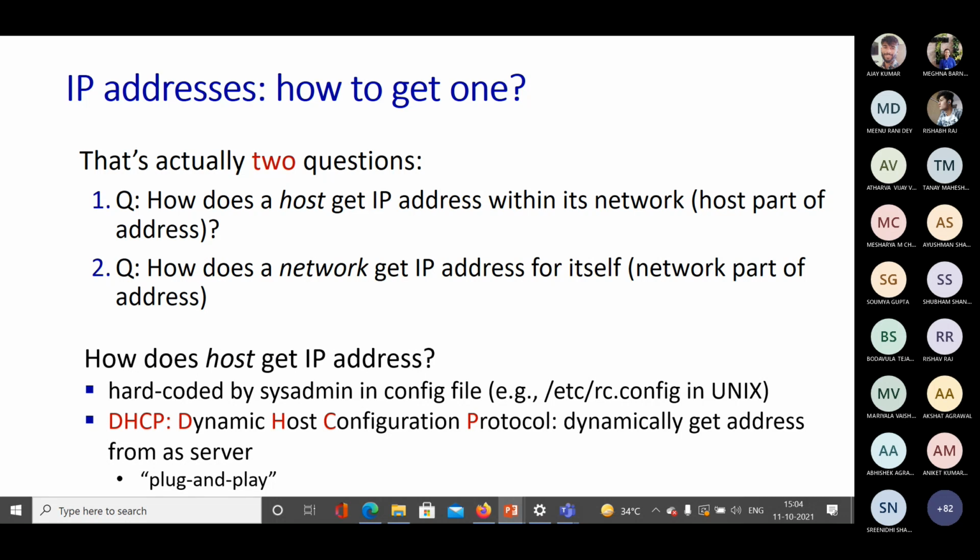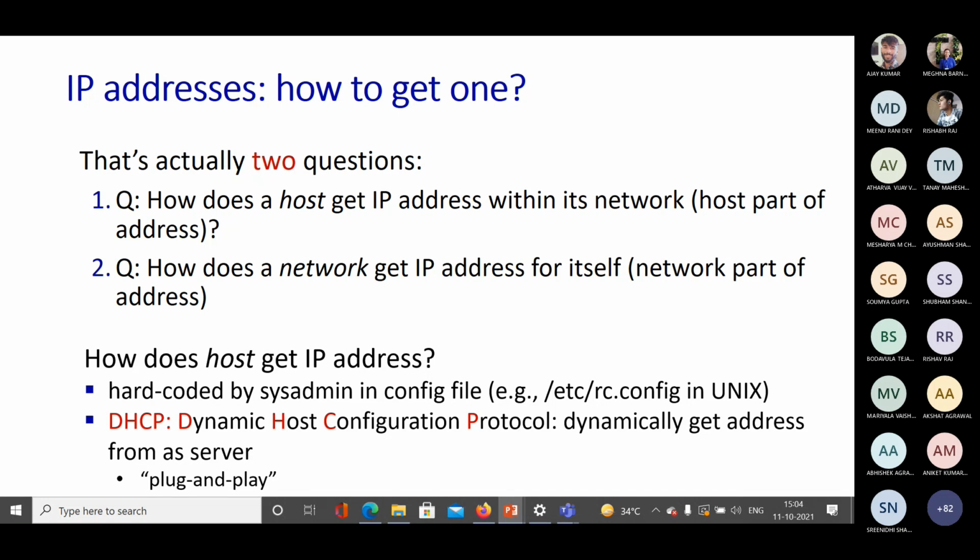That is being given with the help of this protocol, which is known as Dynamic Host Configuration Protocol. Okay. Now, in the first item here, it has been written that it can be hard coded by the sysadmin in a config file.